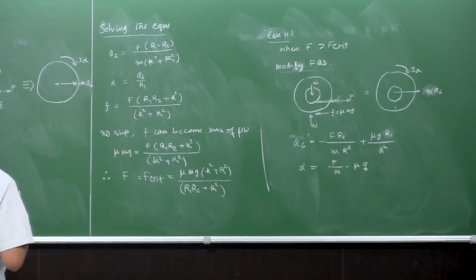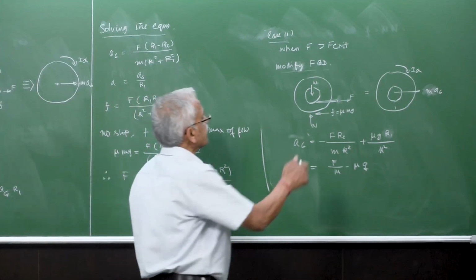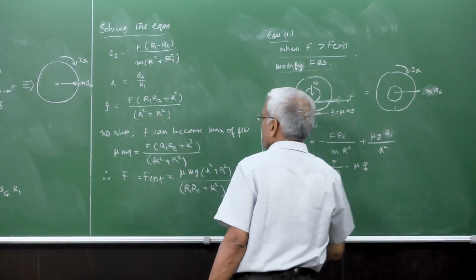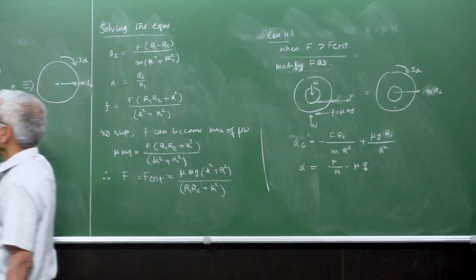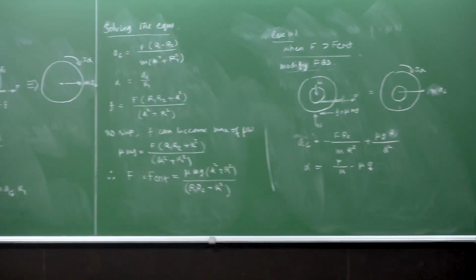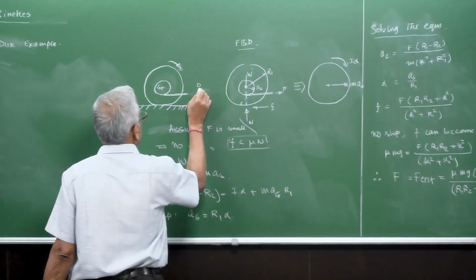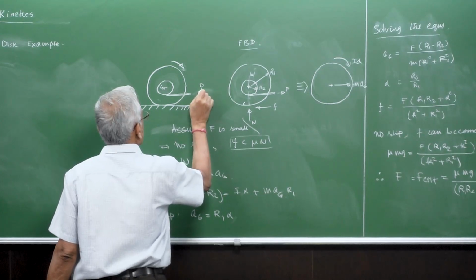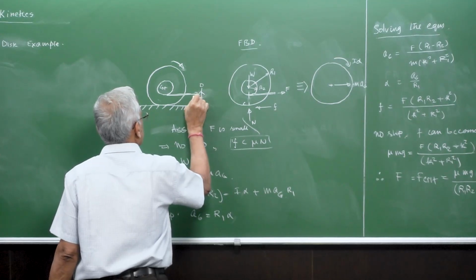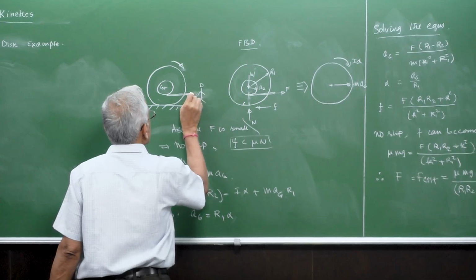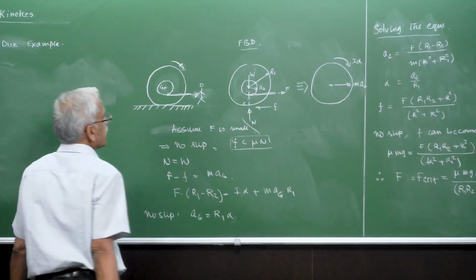So what we would like to see here is that when F is small or when F is more than F critical, what will happen to this rope here? Some guy here is pulling this rope with a certain force, right?